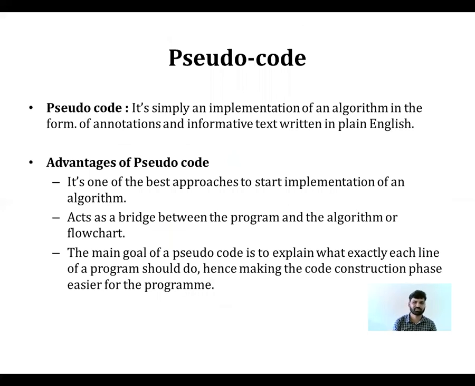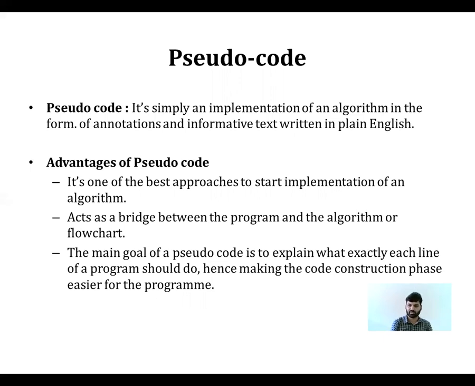Then what is pseudocode? I have just explained what pseudocode is. It's a simpler implementation of an algorithm in the form of informative text written in plain English and annotations. Then we study the advantages of pseudocode. First, it's one of the best approaches to start implementation of an algorithm.